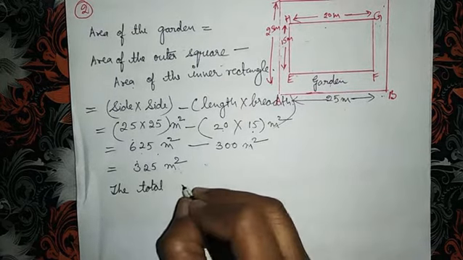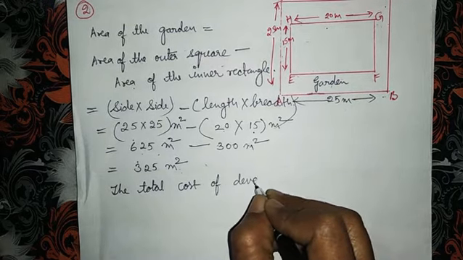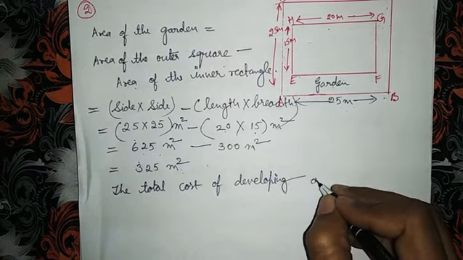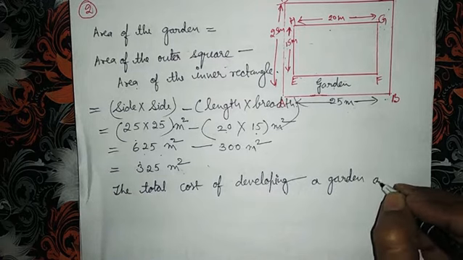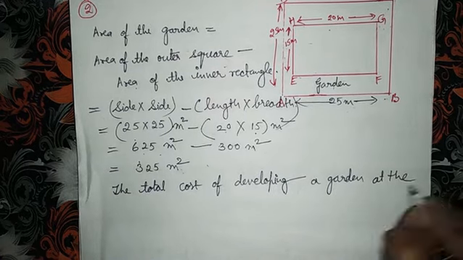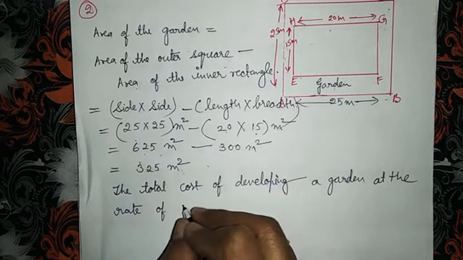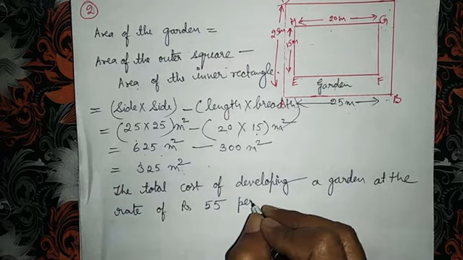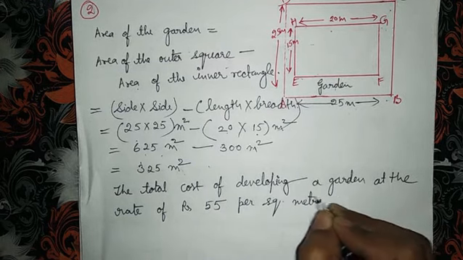Okay, so let's calculate the total cost of developing a garden at the rate of rupees 55 per square meter.